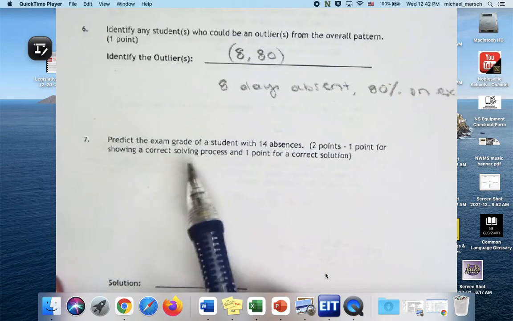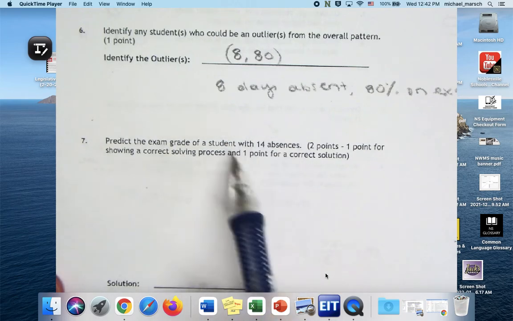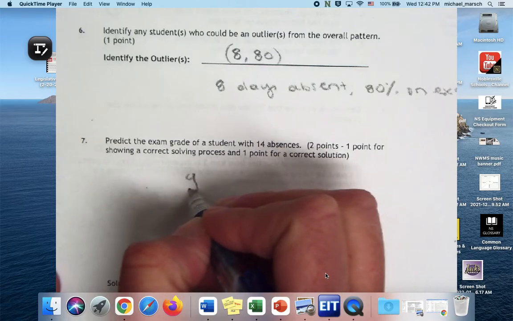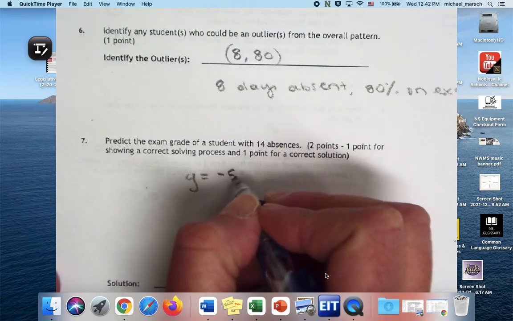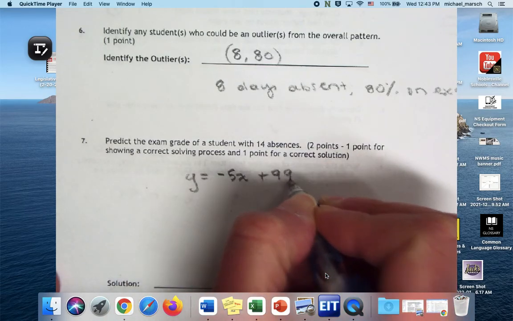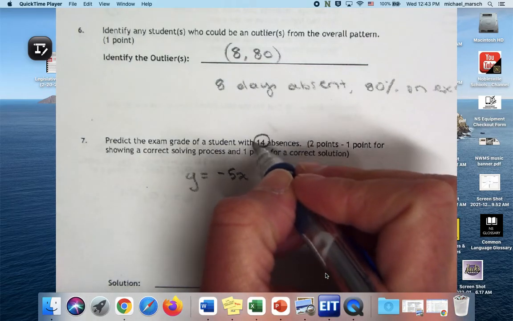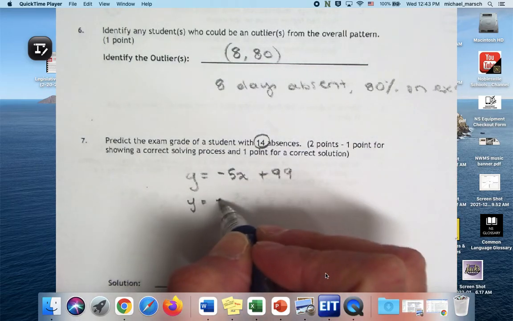Now we're going to use our equation to figure out what if a student had 14 absences. So I'm going to rewrite my equation. I had negative 5x plus 99. You're going to write down whatever yours was. So Chase, whatever yours was, you would have negative 2/3 x plus something, or negative 7x for Emma, or whatever else you guys might have. Where am I going to put this 14?